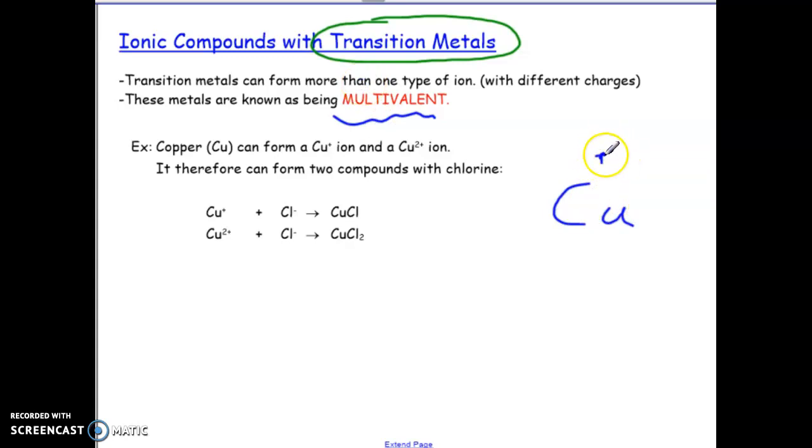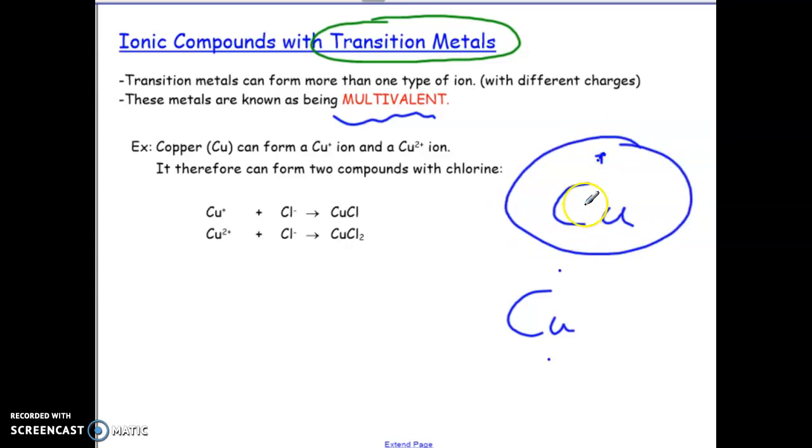My circle is not great there. One valence electron. But then there are other coppers that have 2 valence electrons. Okay? So if you're making a compound with copper positive 1, that's going to have a different structure than if you were creating it with copper positive 2.